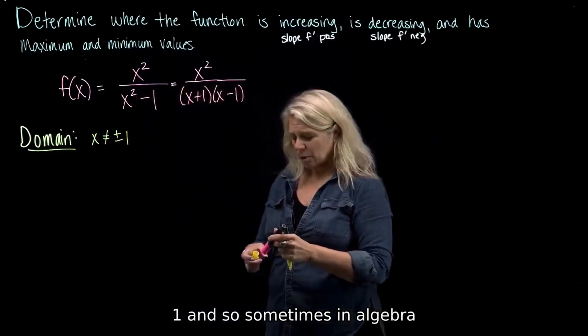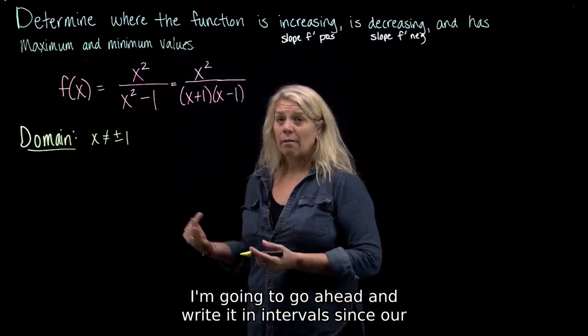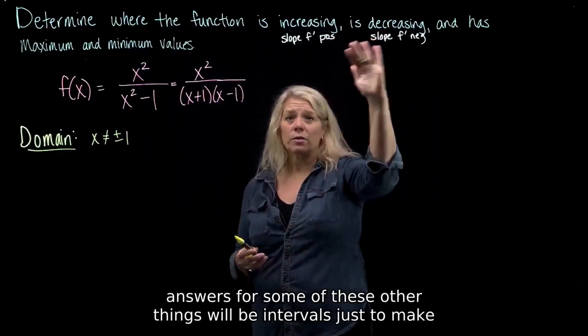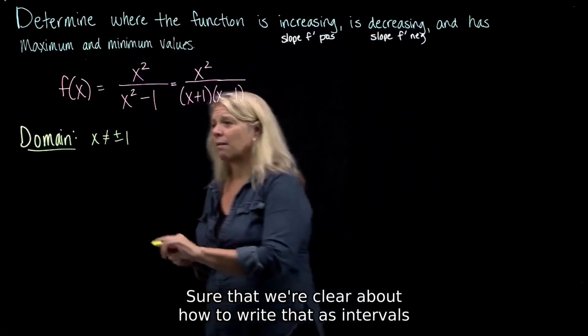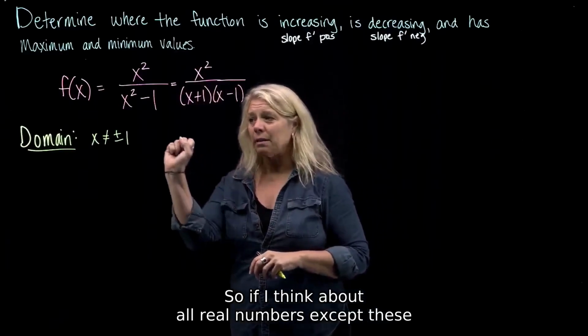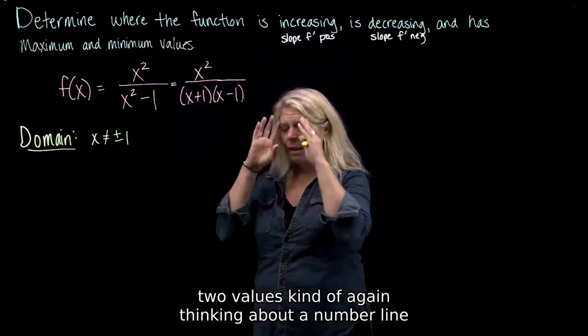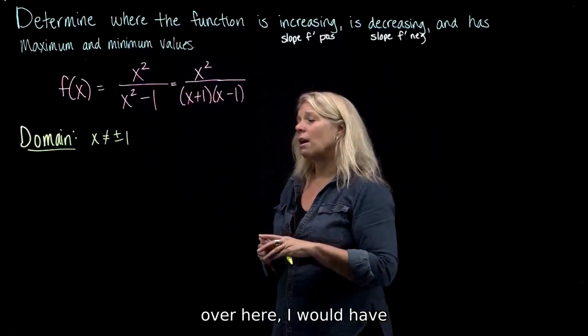And so sometimes in algebra, maybe you just wrote something like this for the domain. I'm going to go ahead and write it in intervals since our answers for some of these other things will be intervals, just to make sure that we're clear about how to write that as intervals. So if I think about all real numbers except these two values, again thinking about a number line, we're eventually going to have a number line for a sign chart over here.